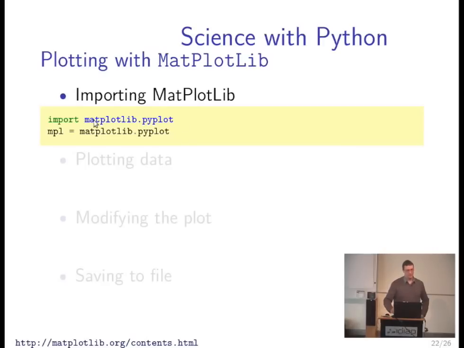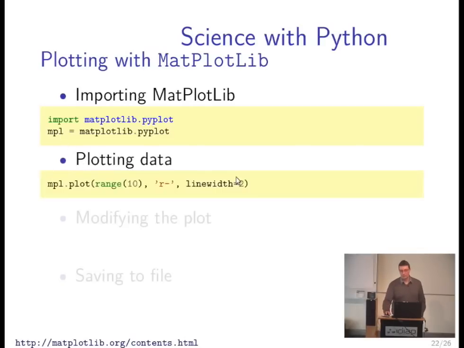And since it is very difficult to always use this long name, if you want to plot, for example, you don't want to write matplotlib.pyplot.plot. That's why we just define an abbreviation for that. You might remember that this is just an object like everything else, so it can be assigned to any variable. And I assign it to MPL, so then I can now say MPL.plot.